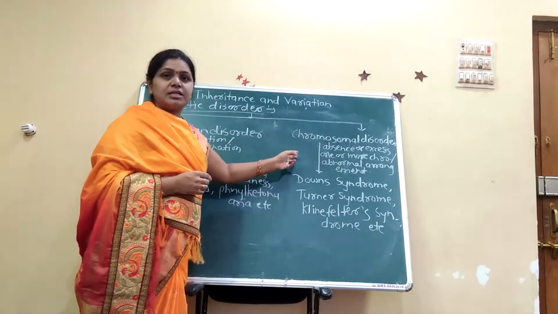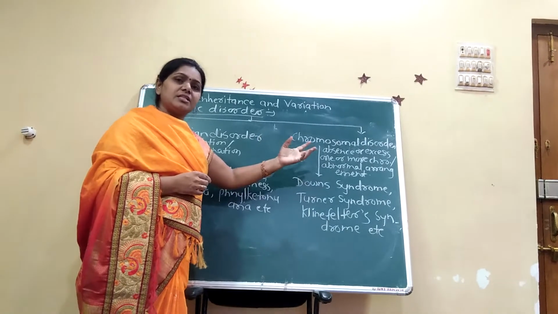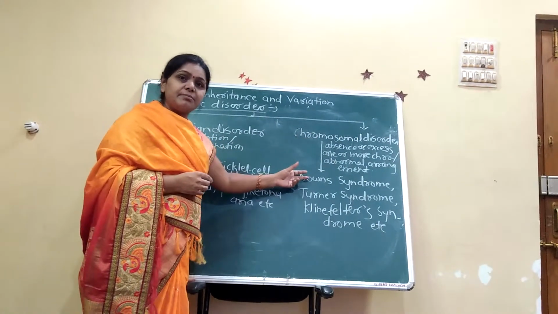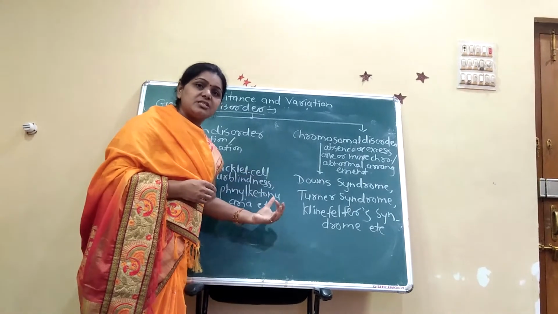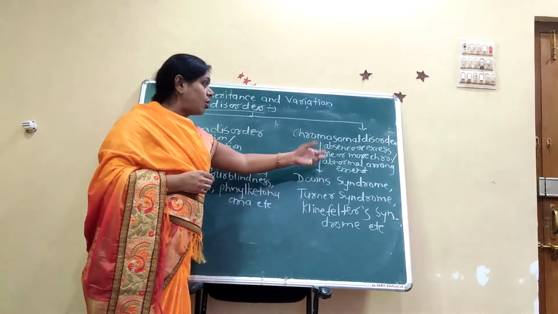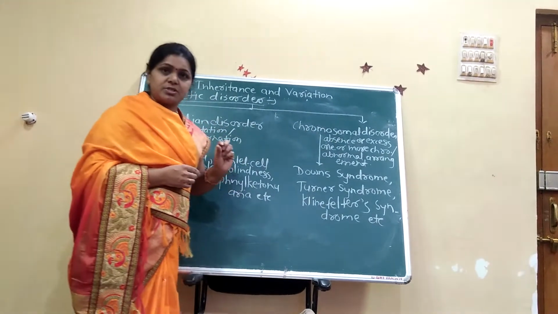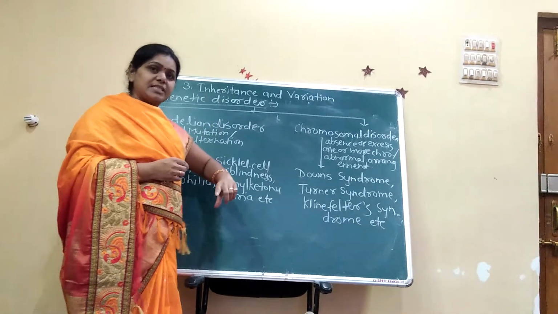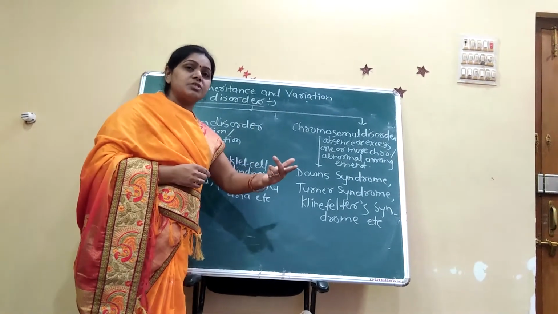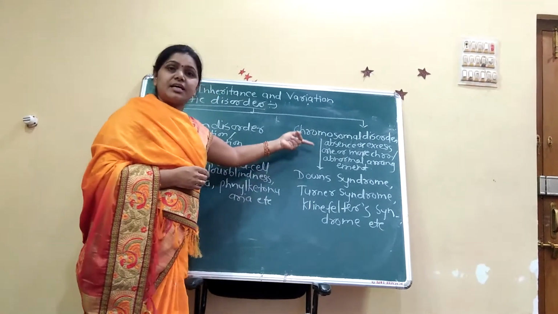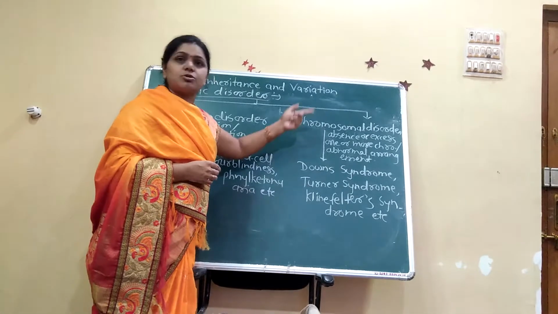And the chromosomal disorder, the name indicates the disorder. That means absence or excess, absence or presence of one or more chromosomes. That is, in a pair of chromosomes, one chromosome being absent or one chromosome being extra, that condition is called the chromosomal disorder.